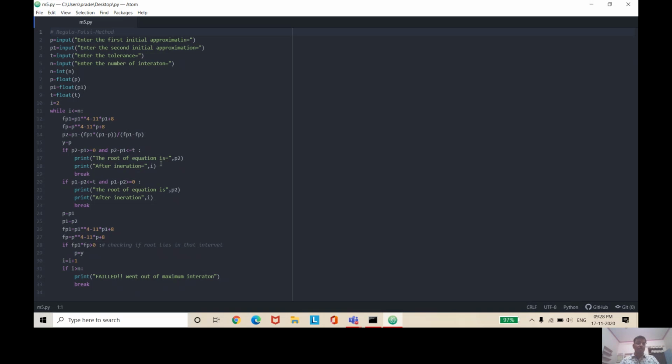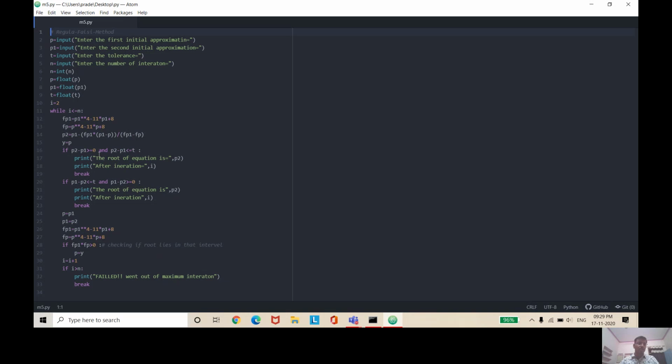It will also print after which iteration the root has come, the ith iteration. And this break statement, if this condition gets satisfied, will make us come out of this whole while loop, and we do not need to go to the next steps if this condition is true.